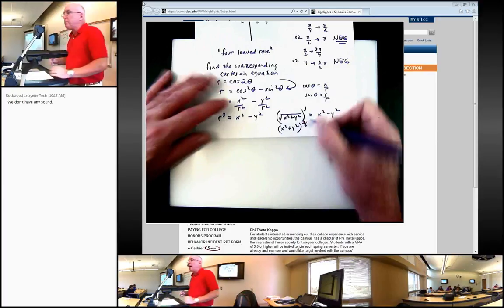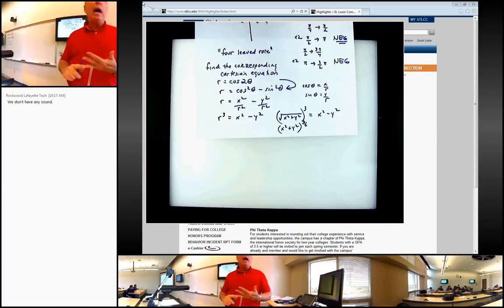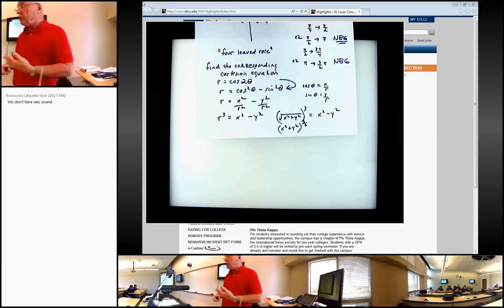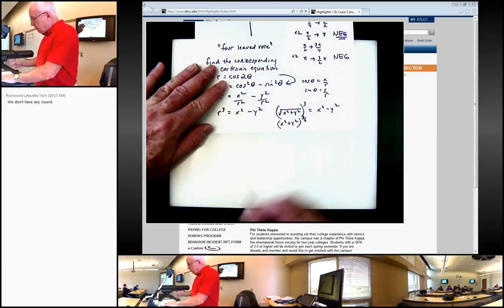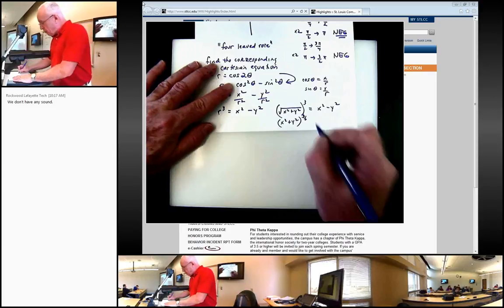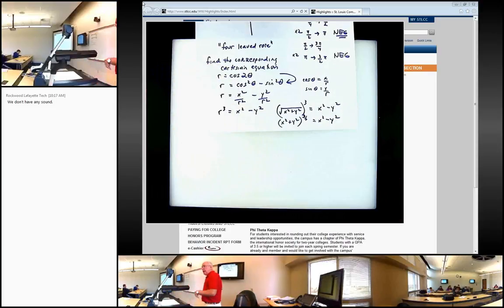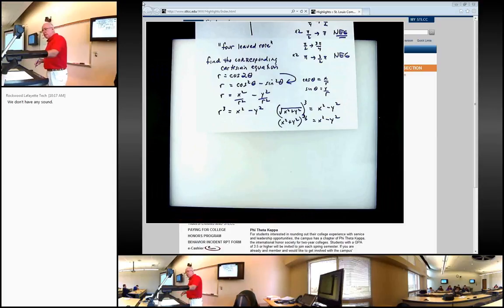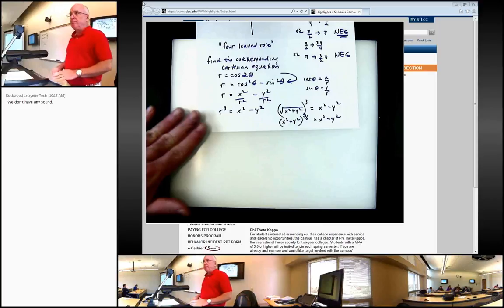The 2 on the bottom is because we have a square root, and the 3 on top is because we're raising it to the 3rd power. So this is x squared plus y squared in parentheses to the 3 halves power is equal to x squared minus y squared. And that's a Cartesian representation of that 4-petaled rose that we graphed.